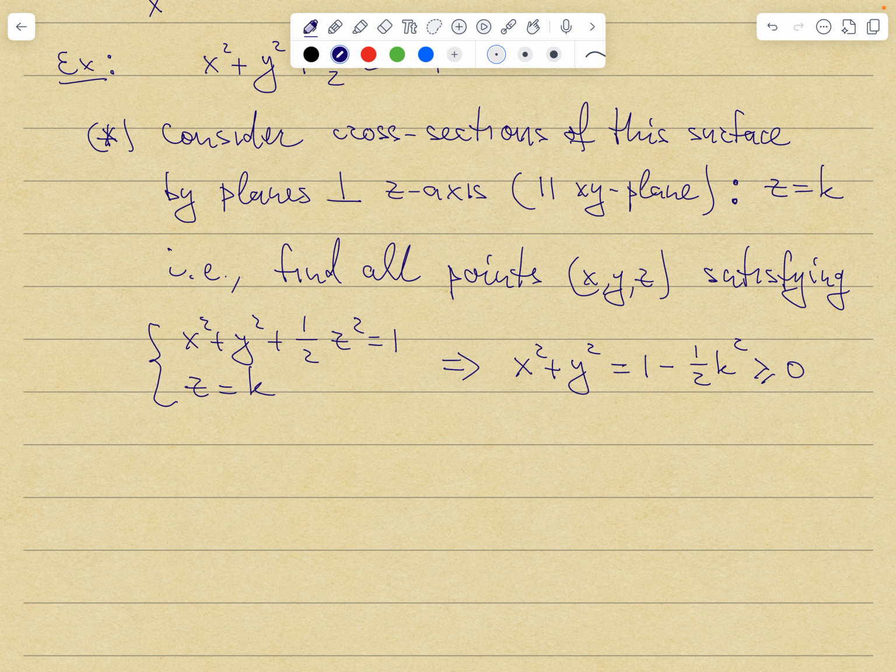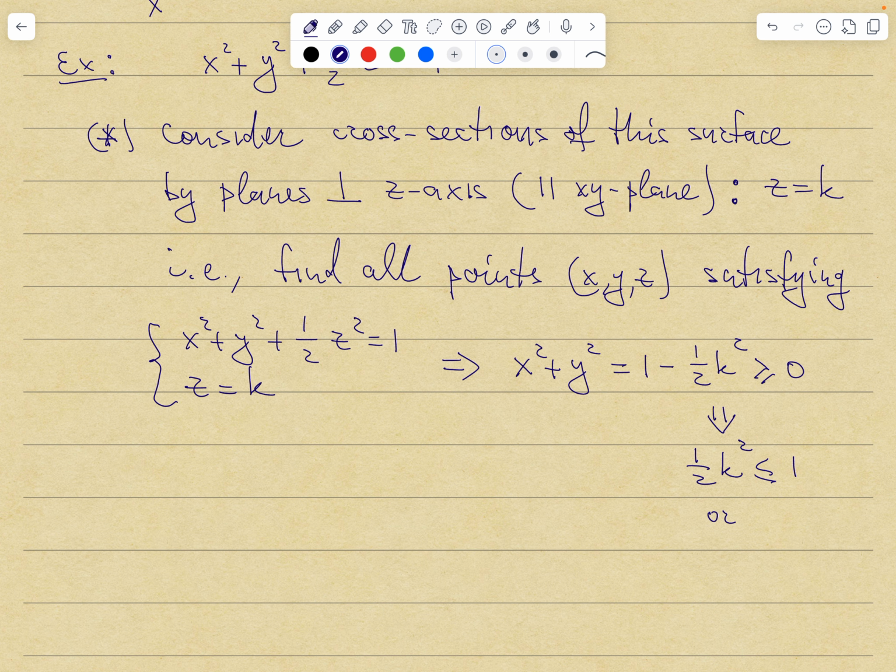And so that means that 1/2 k squared has to be less or equal than 1. So k squared is less or equal than 2.